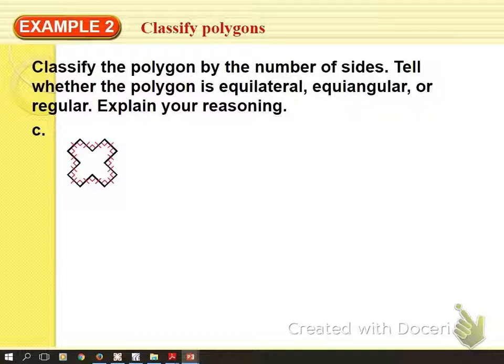Take a second. See if you can figure out what this thing is. Okay? 1, 2, 3, 4, 5, 6, 7, 8, 9, 10, 11, 12. How many sides? 12 sides. What do you call that? It is a dodecagon. Is it equilateral? Yes, all the sides seem to be congruent.